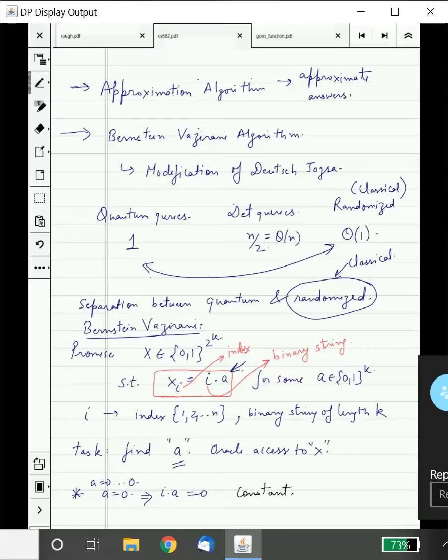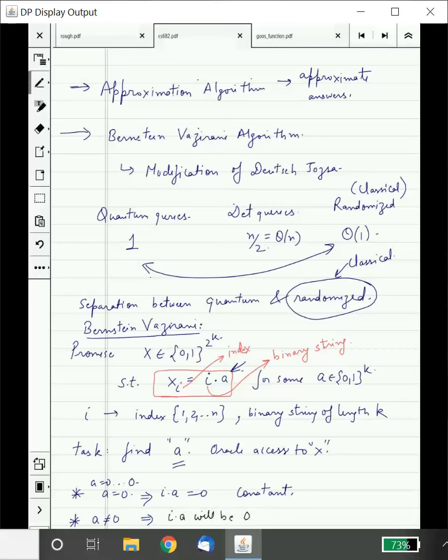On the other hand, if a is not equal to 0, then you can show that i dot a will be 0 half the time and 1 half the time. This is the balanced case. In that sense, the Bernstein-Vazirani problem is a special case of the Deutsch-Jozsa problem, but in this case, we want to output a.